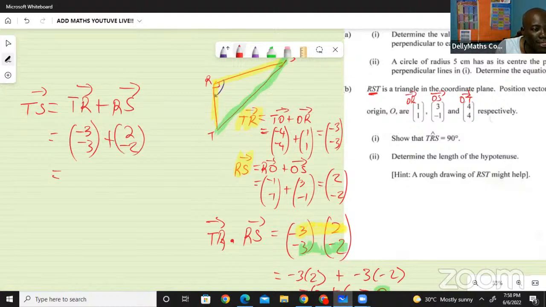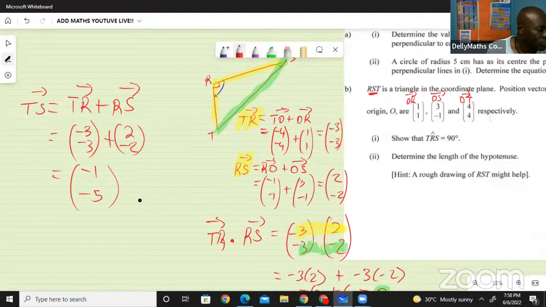Now, when I add these together, I'll get -1, -5. I want everybody to work with me. I get -1, -5 for that, all right? So you double check that for me, -1, -5. All right, that looks like the root of 26 right there.